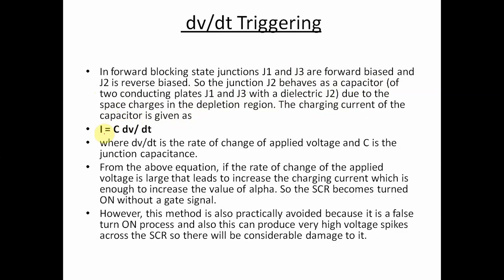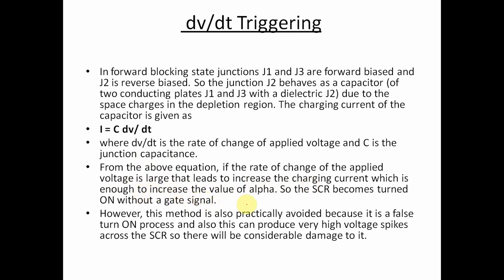I is equal to C into dV/dt, where dV/dt is the rate of change of applied voltage and C is the junction capacitance. From this equation, if the rate of change of the applied voltage is large, the charging current increases, which is enough to increase the value of alpha.